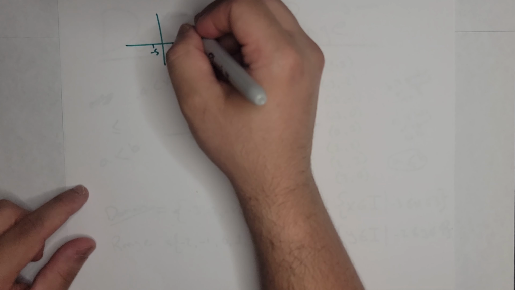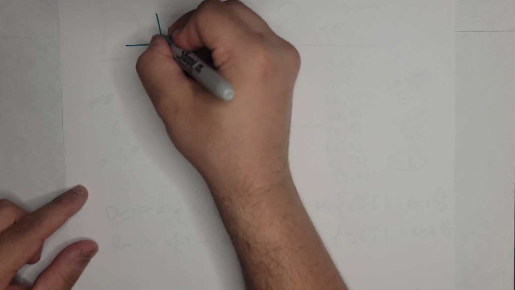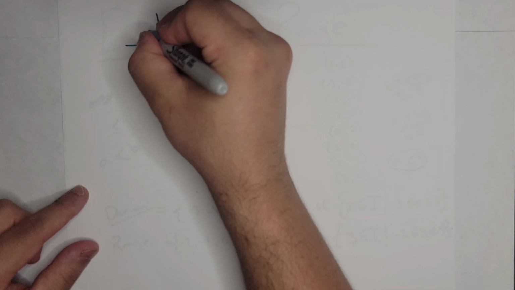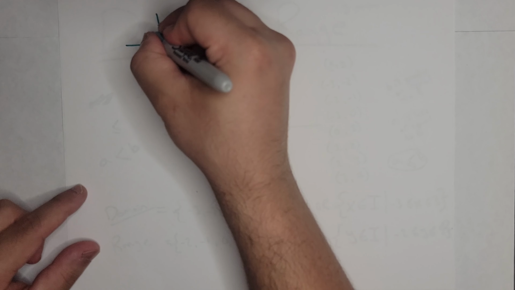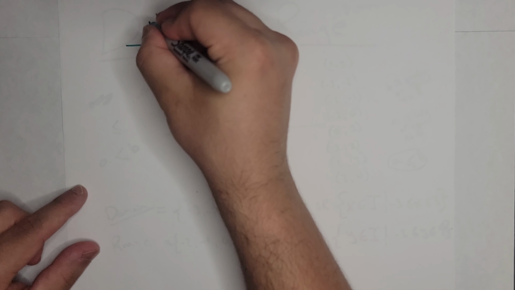Let's say we have a line that's 5. Let's make another line here that goes from -5. I'm going to draw an open circle and let it go till there.